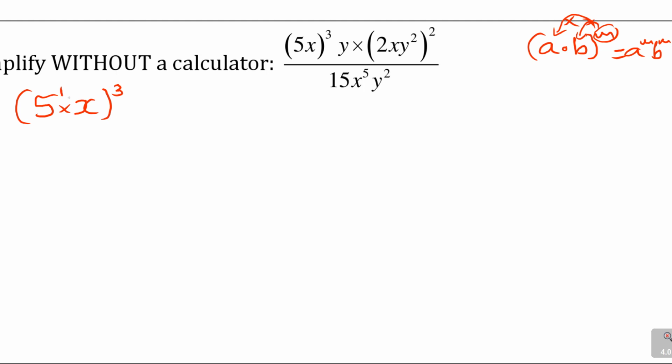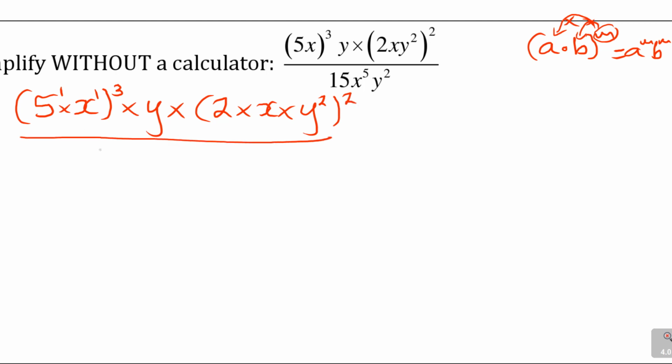You can put a 1 there to show that you multiply, times y times bracket 2 times x times y squared bracket to the power 2 all over 15.